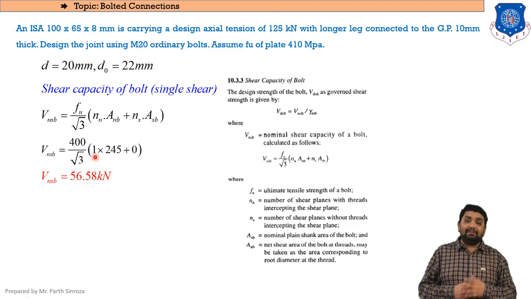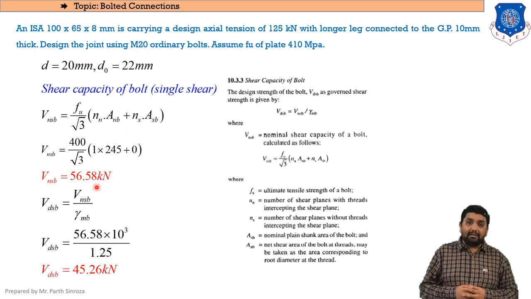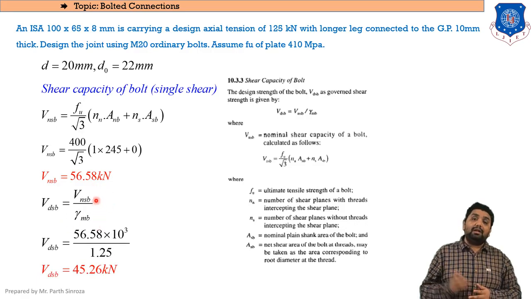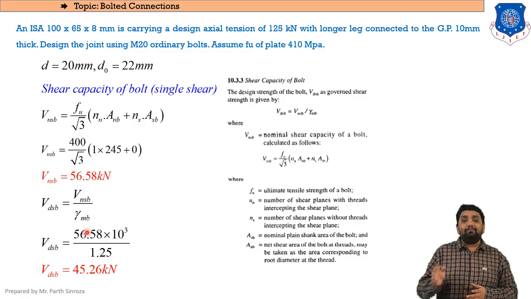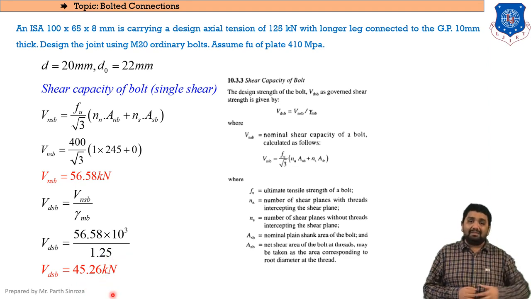Anb again will be 0.78 into pi by 4 d square, and the answer that comes out is 56.85 kilonewton. Clear? Now we will be calculating the design shear capacity, that is VDSB. So VDSB will be the same value divided by a factor of safety. The factor of safety is 1.25, so the value comes out to be 45.26 kilonewton. So this was our shear capacity.